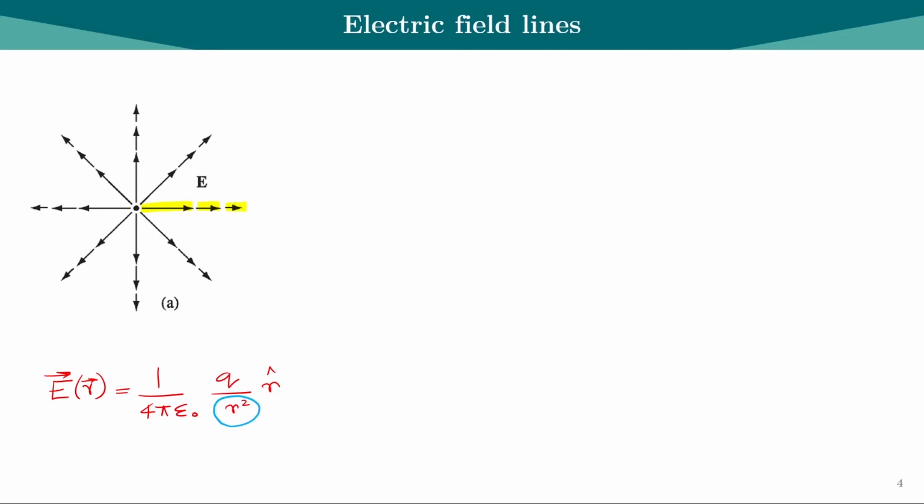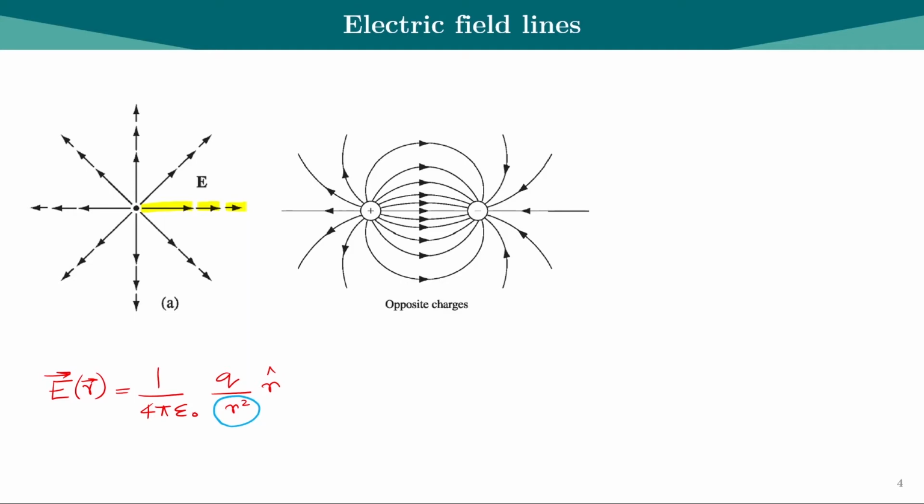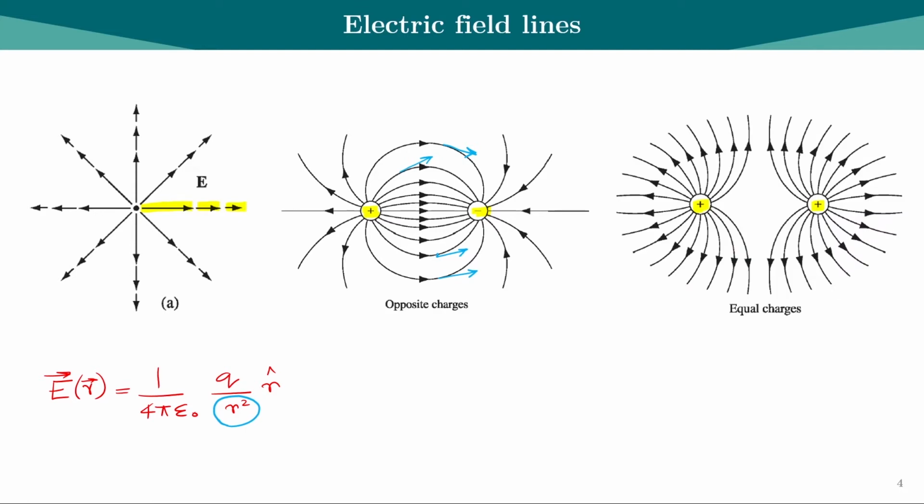And every such line of force originates from a positive charge and ends on a negative charge. And the tangent to the line of force at any point gives the direction of E at that point. In the case of two like charges, the lines of force repel each other.